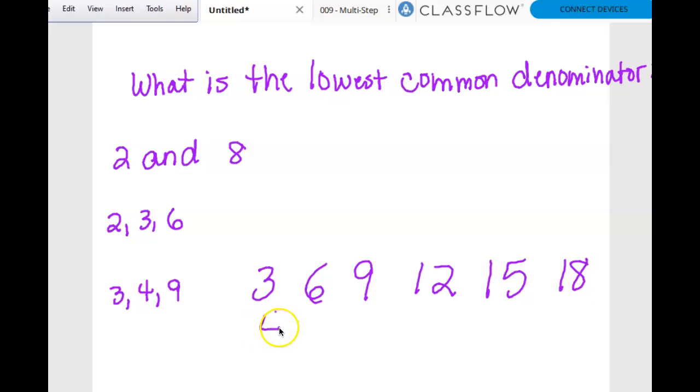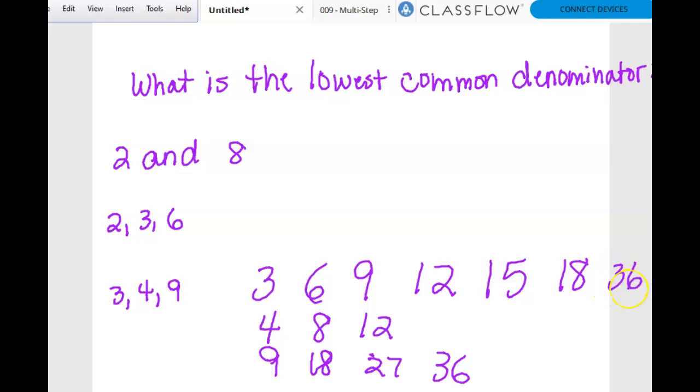Let me try this one now. 4, 8, 12. Oh, I got a 12. But now 9, did 9 match? No. Okay, so I have 9, 18, 27, and 36. So 3 times 12 is going to give me 36, and 4 times 9 is going to give me 36. So it's the first number where they all go.